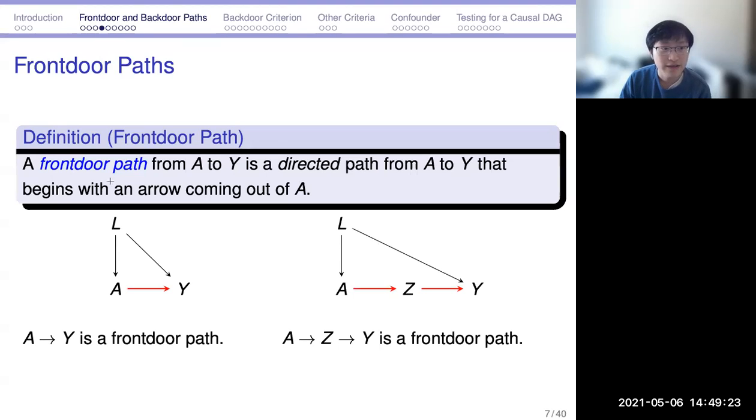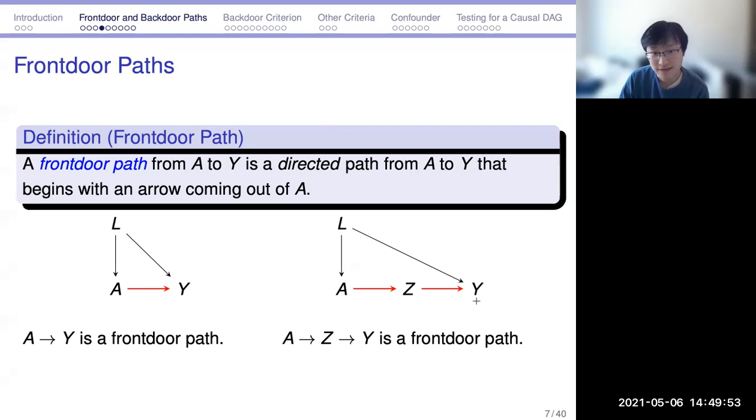A front door path from A to Y, treatment to the outcome, is a directed path that begins with an arrow coming out of A. So this is a very simple idea. These are two examples. If we have this DAG, this direct arrow from A to Y is a front door path. You will see why this is called front door when you see the backdoor path meaning.